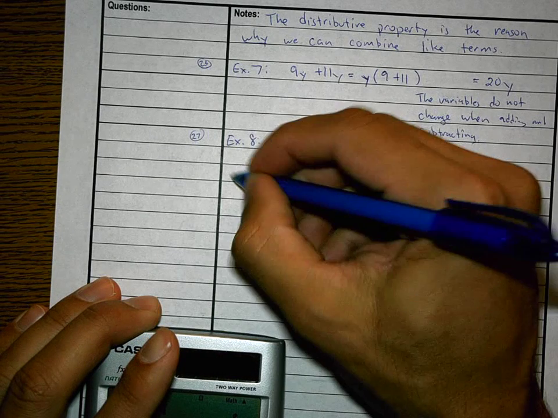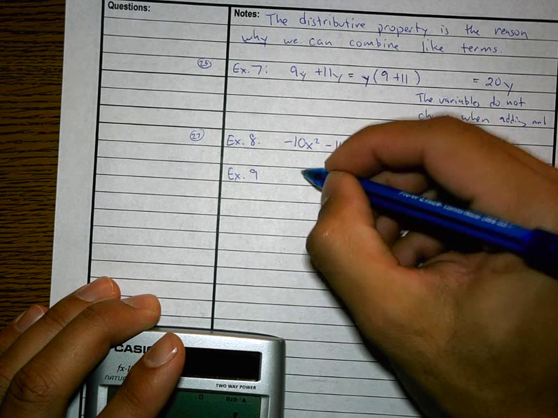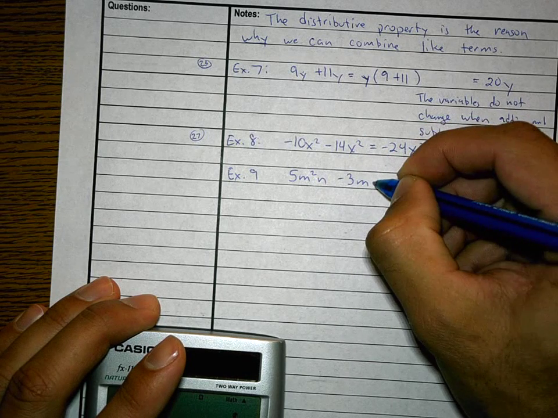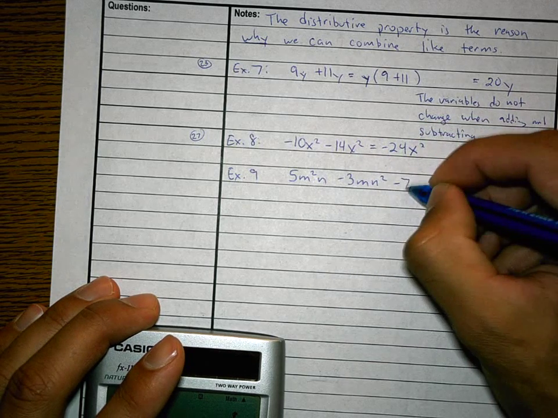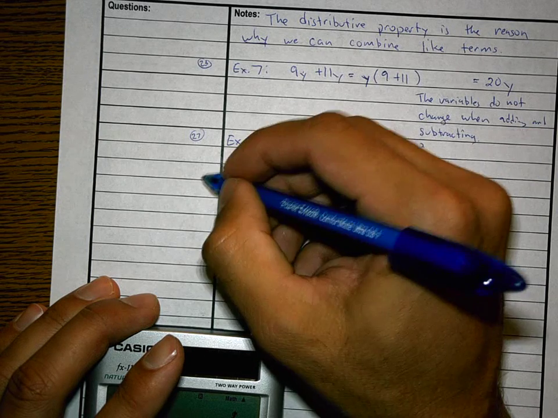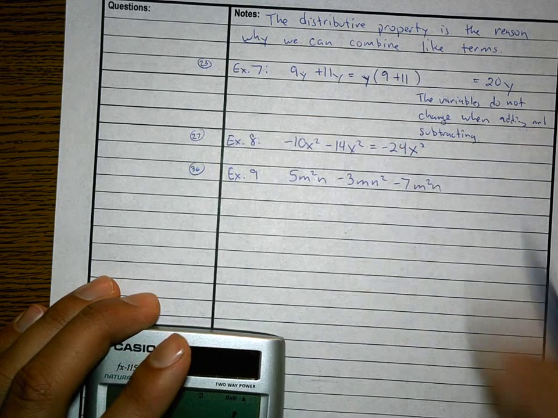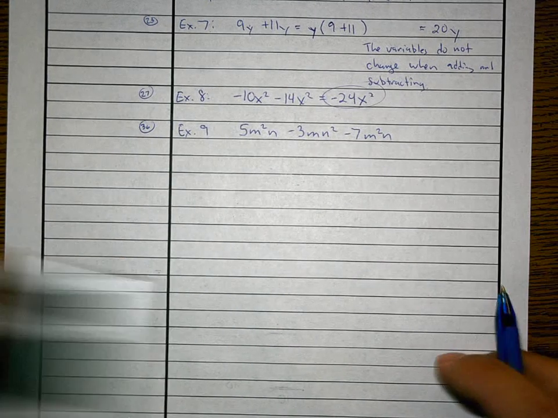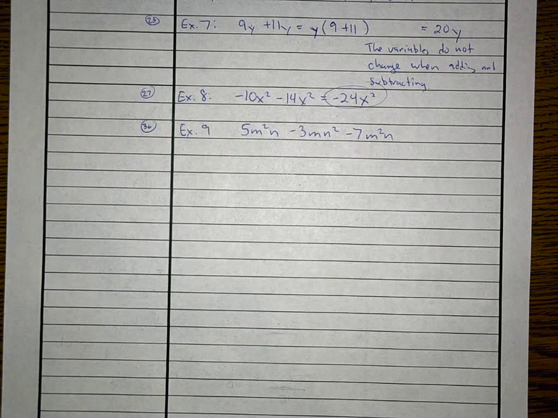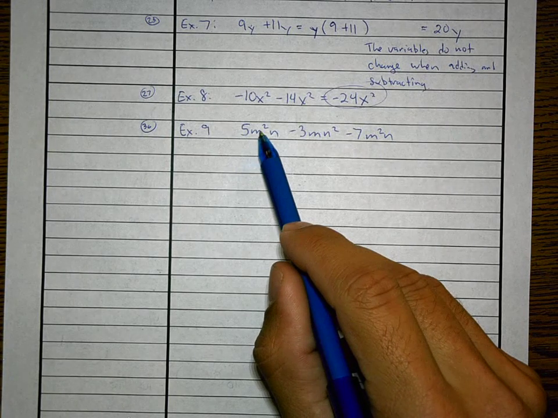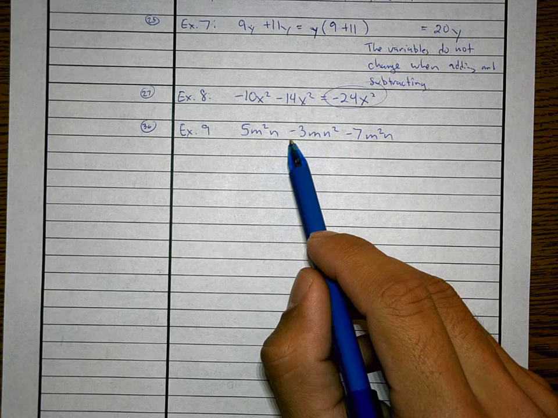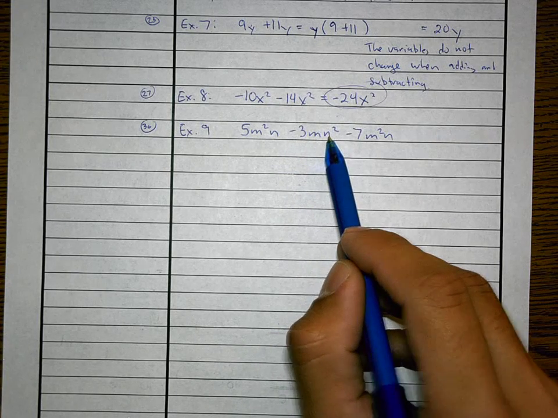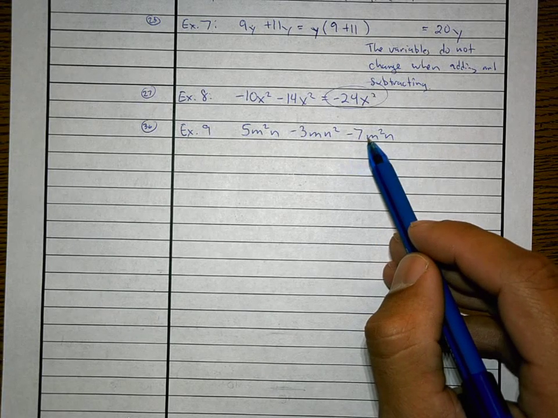Last one, example 9. Example 9 says 5m squared n minus 3mn squared minus 7m squared n.